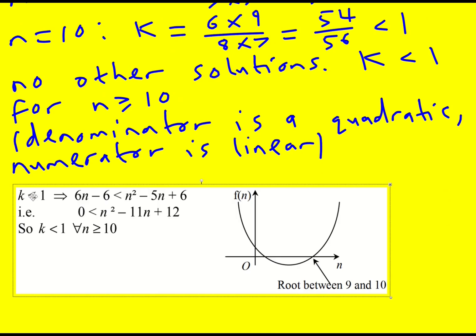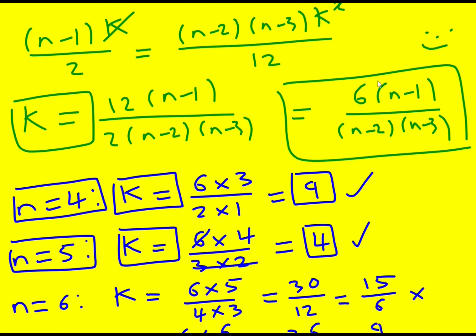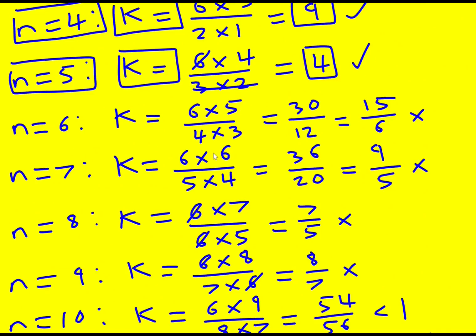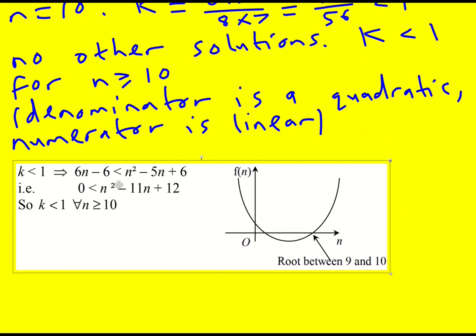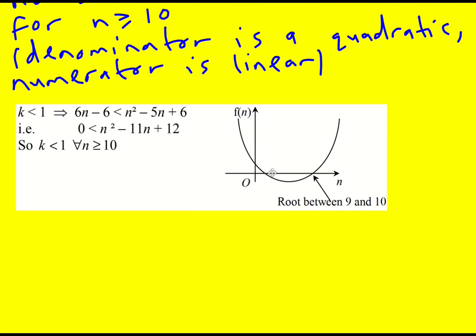They looked at where k is less than 1 and obtained a formula like substituting it sort of into here. This is less than 1, so you can create an inequality and get this. And they looked at kind of what that curve would look like. There must be a root between 9 and 10. And this is convincing because here it's going to keep increasing. I feel like mine is as convincing as that. I haven't drawn a graph, but you might prefer that.